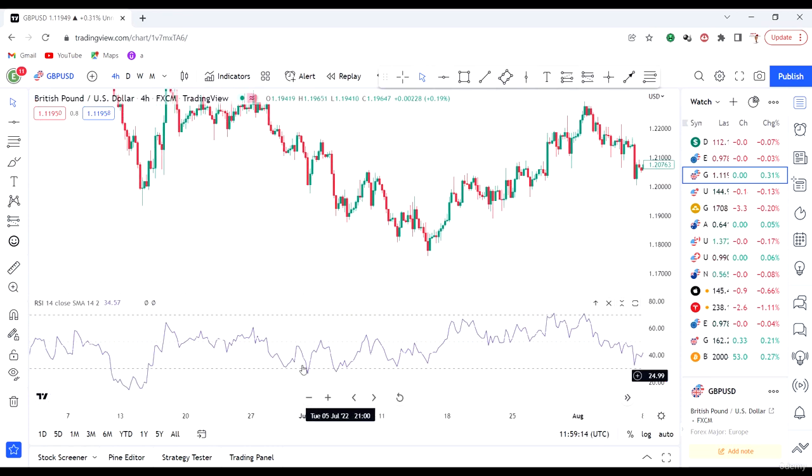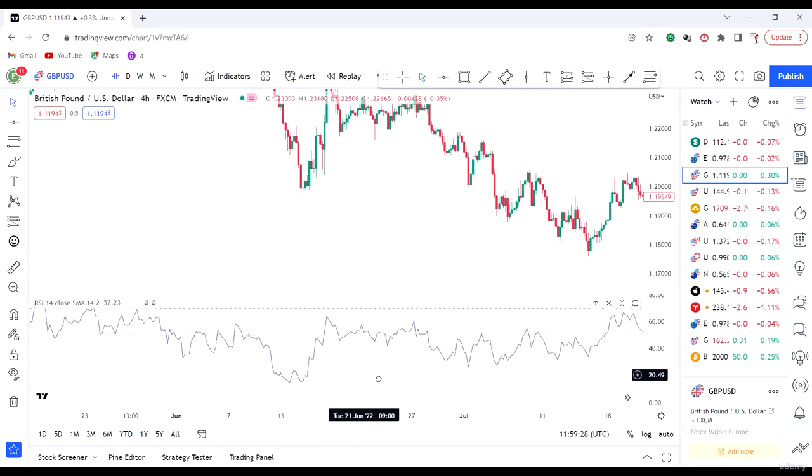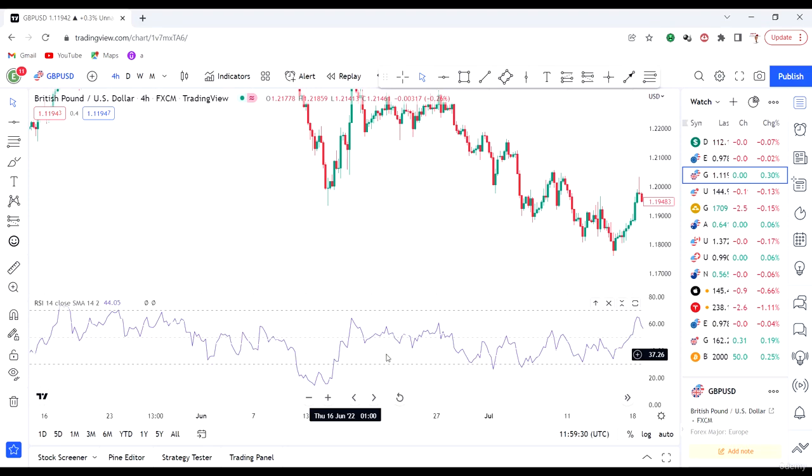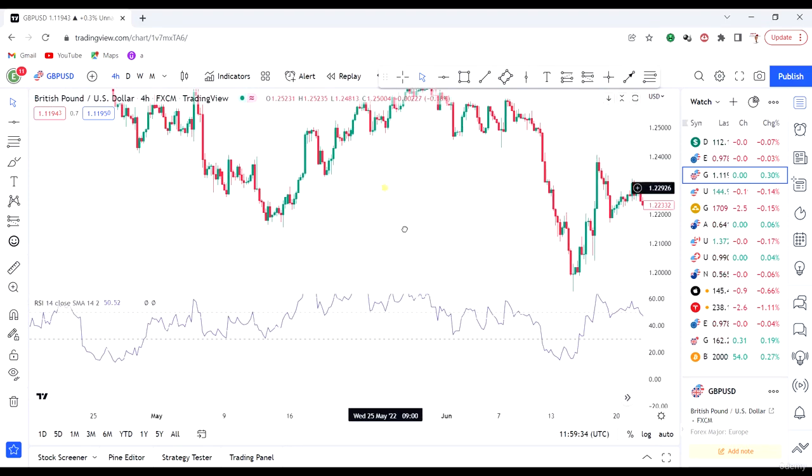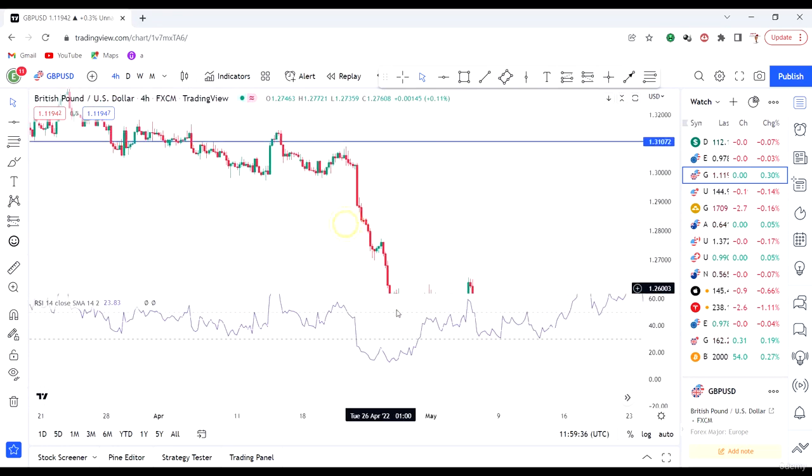So typically this is what the relative strength index is and what traders use it for. They use it to find the momentum of the market and points of reversals, points of correction. So in a trend, for example, let's assume we are in a very powerful trend.